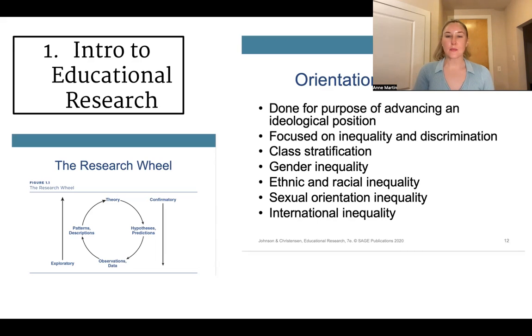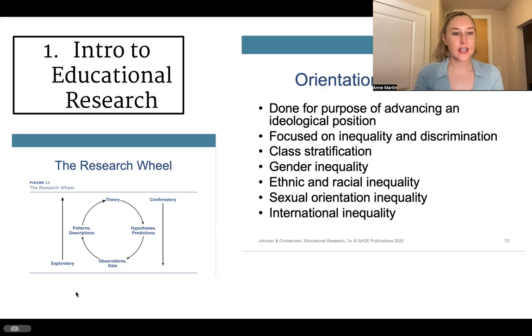So it might be based on standpoint, it might be based on critical theory, but orientational research makes known in the beginning that the researcher has a certain set of positions and beliefs about the world that are guiding and informing this research. So it could be activist research or research that is concerned with a particular group of people. And so that is what guides that research.